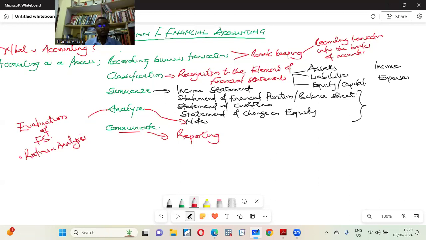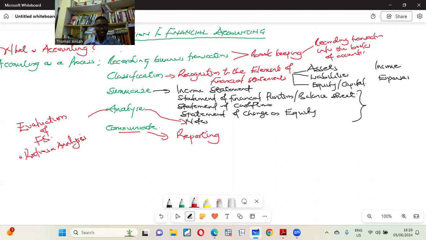Your financial statement will give them information as to whether to provide you with the financial resources. It is also very important to the government because the government taxes you. The government wants to know your profit so that they can tax you. So everybody is interested in the financial statement. All these people I mentioned are called the stakeholders of financial information.